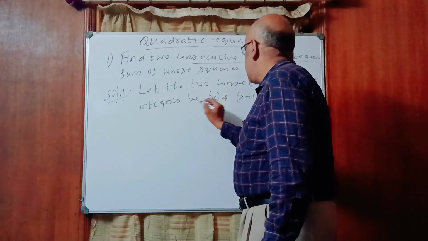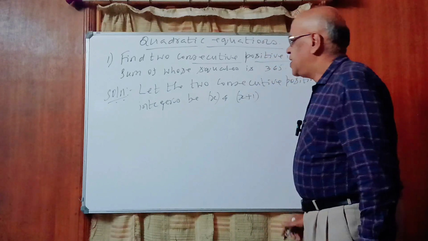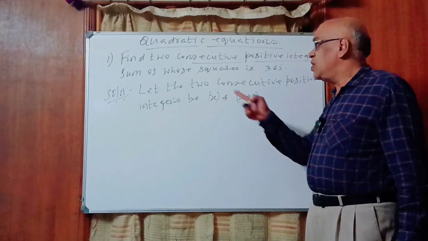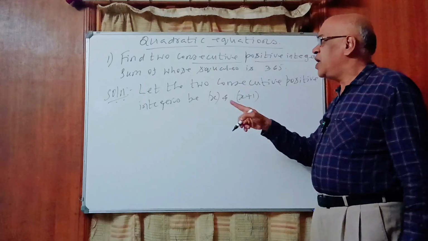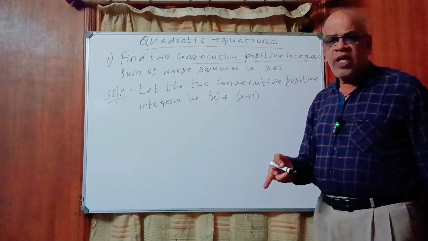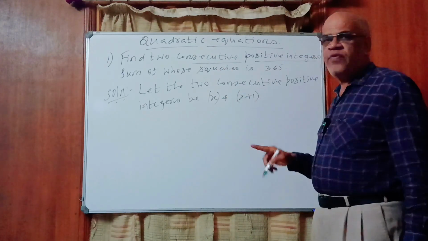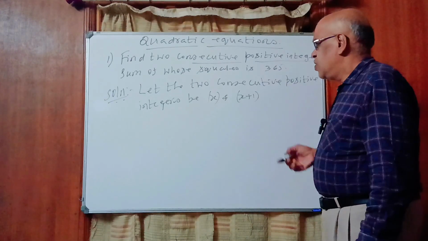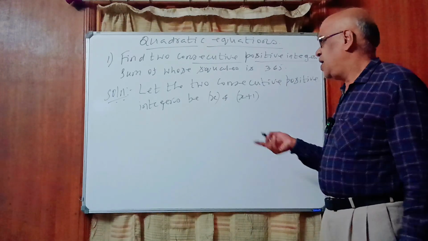See, children, that's it. This is the first line. Many students struggle to write this. Consecutive means what? Which come one after the other. If 1 is a number, the consecutive of 1 is 2. The consecutive of 7 is 8. Consecutive of 13 is 14. Like that, children.